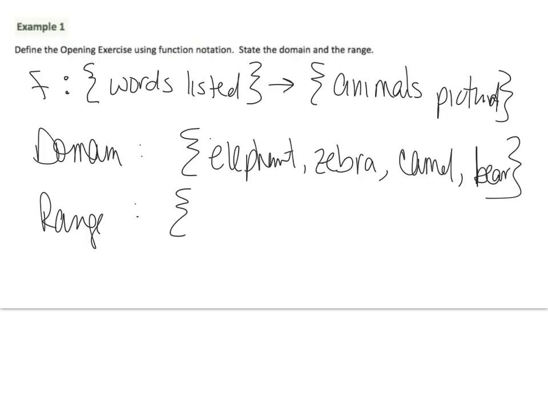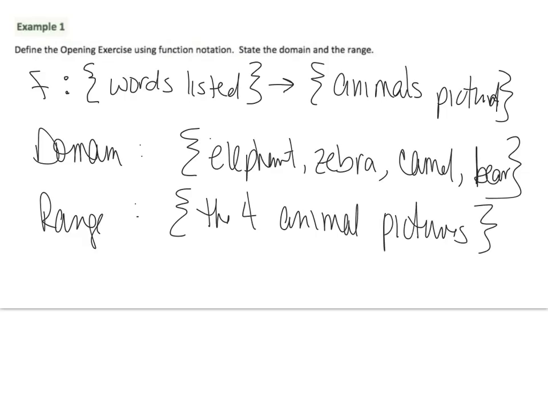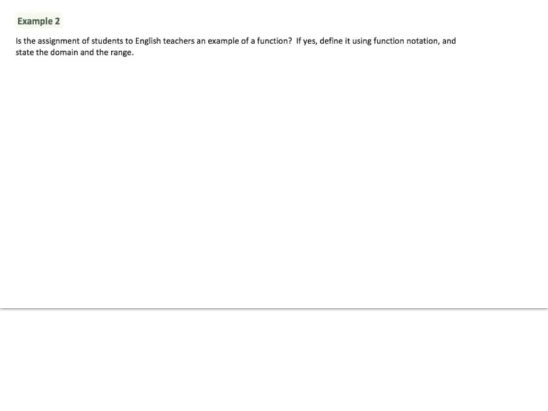I said it backwards, I apologize. And then the range is the 4 animal pictures. Okay, the domain is the set of the words elephant, zebra, camel, and the range is the set of the 4 animal pictures. All right, let's try an example.